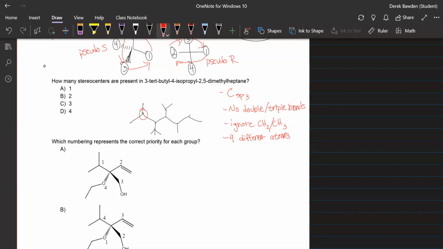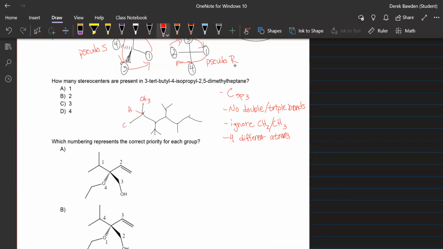What about this one? What do we think? I think so, yeah. Okay, let's talk about the 4 different things bonded around it. So we've got a hidden hydrogen. Let me just draw it off like this.